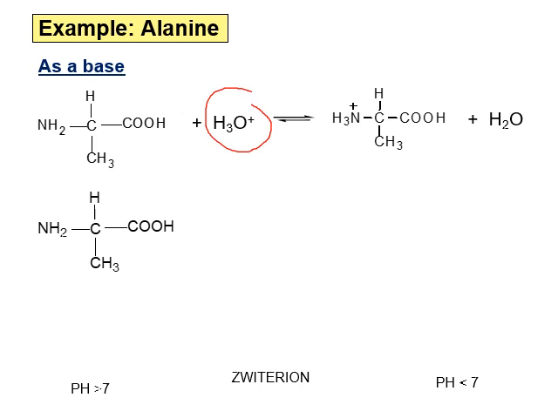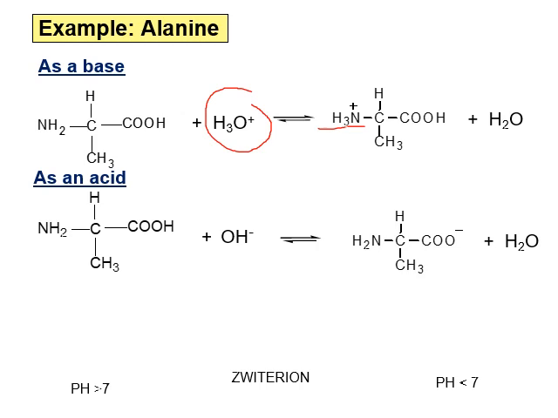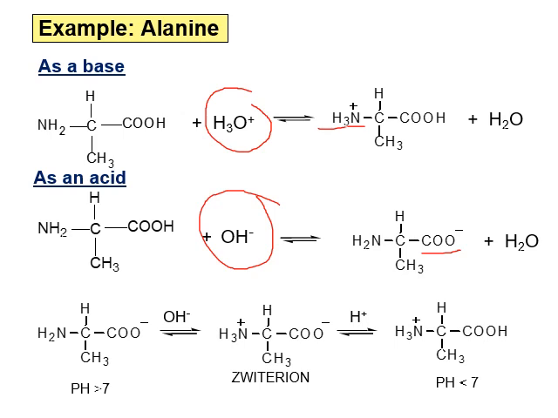And as a base, it would accept the proton from the acidic medium. Oppositely, when you place alanine in basic medium, it will behave as an acid. So as an acid, it will donate its proton. So as you can see here, when you place it in acid, it will behave as a base. When you place alanine in basic medium, it will behave as an acid.